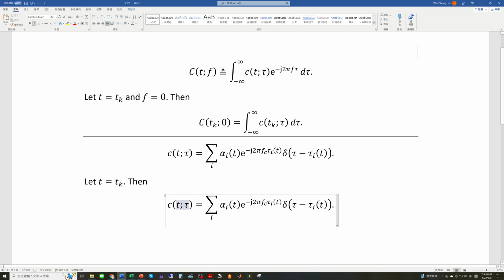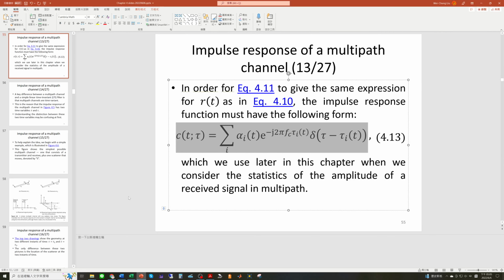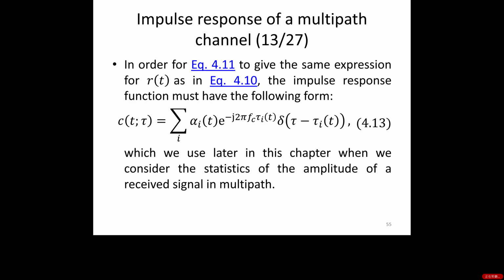So this t is replaced by tk, this by tk, and this by tk, and this by tk. So there are a total of 1, 2, 3, 4 tk here.